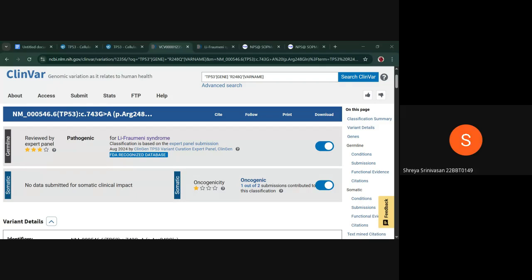So the ClinVar database is to show whether a particular mutation is pathogenic or not, how diseases are caused, what change is actually happening at the genetic or protein level, and also what the effect of drugs is on our body. All of this information we can acquire from the ClinVar database. So you are absolutely right.